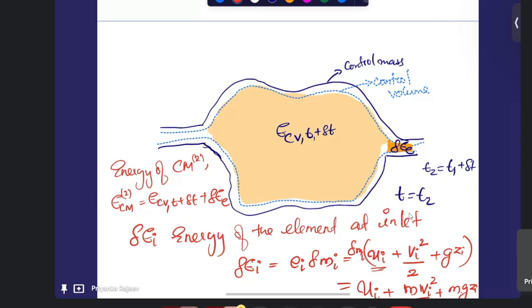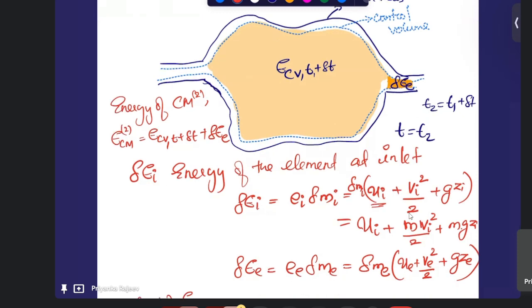Thermally we will take it as heat. For example, if I'm stirring or mixing something in a control volume using a spoon, that is called stirring, a mechanical way of providing work into the system.